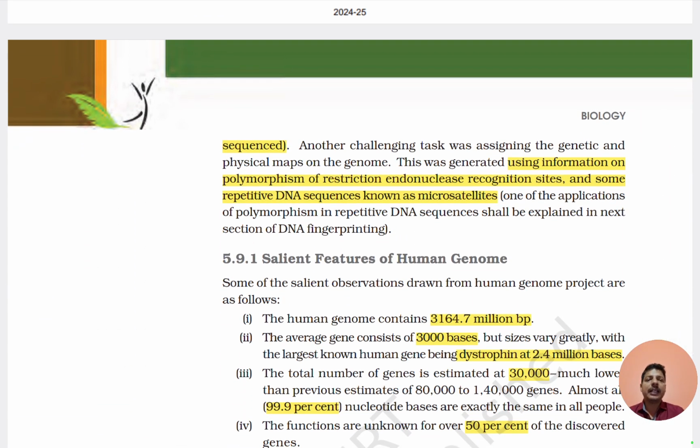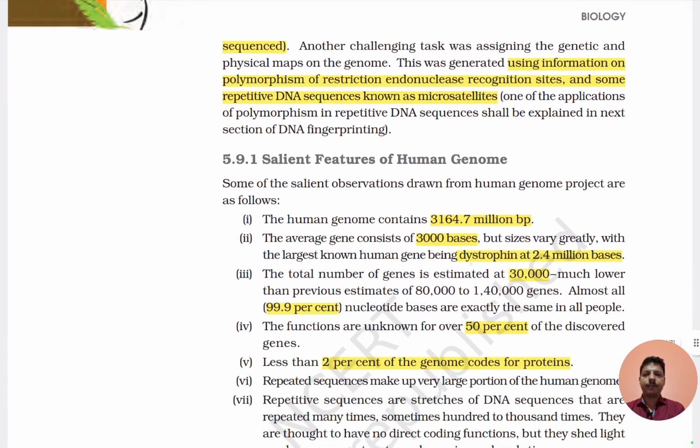Another challenging task was assigning the genetic and physical map on the genome. This was generated using information on polymorphism of restriction endonuclease recognition sites and some repetitive DNA sequences known as microsatellites. We'll go through the restriction endonuclease recognition site in a further chapter afterwards.